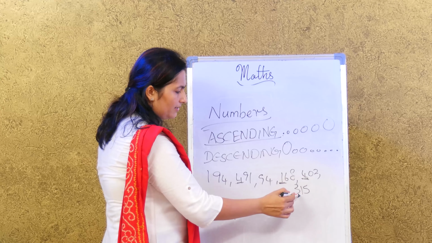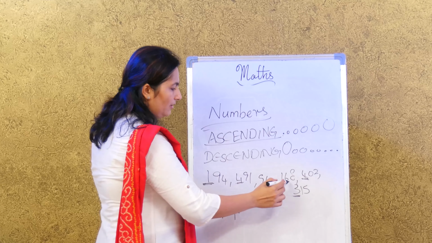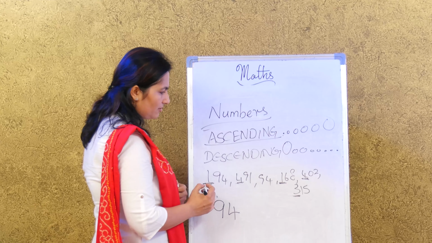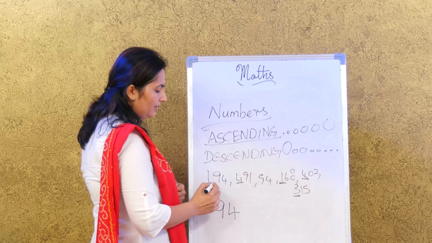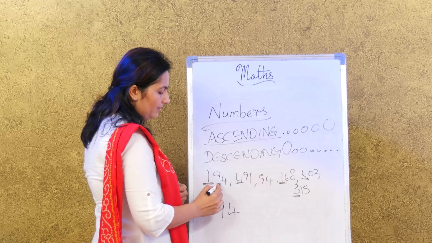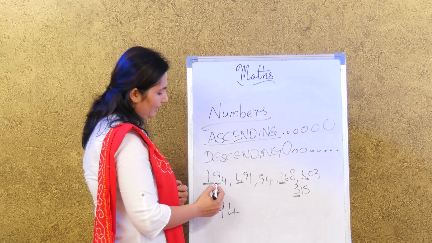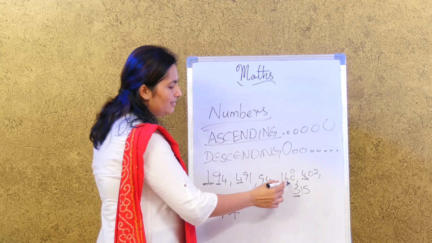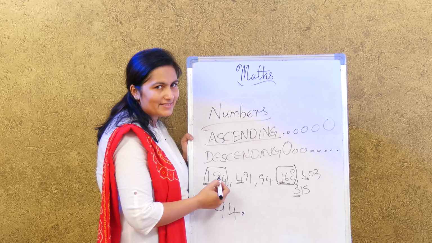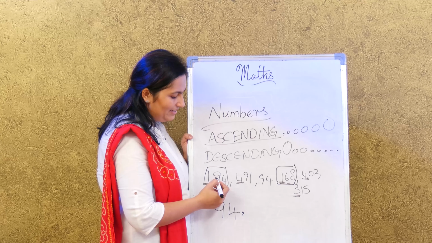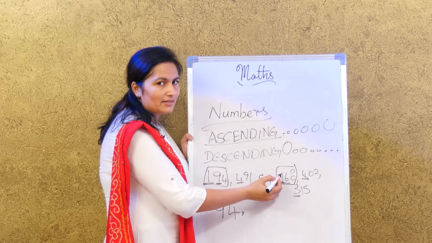Oh, there is one more 100. So, let us take the two 100s, 194 and 168. Which one is greater? 1 and 1 are the same. So, let us move on to the tens. Here it is 9, here it is 6. We got the answer. 194 is bigger than 168.